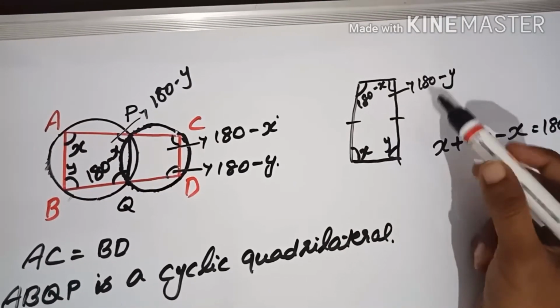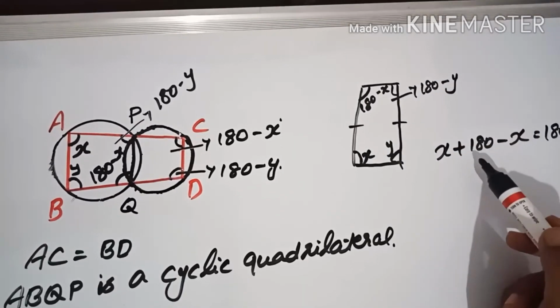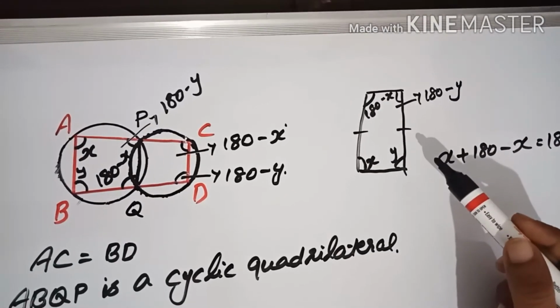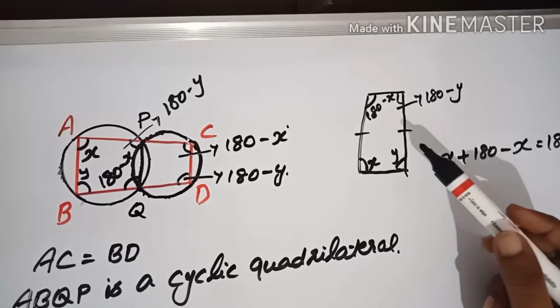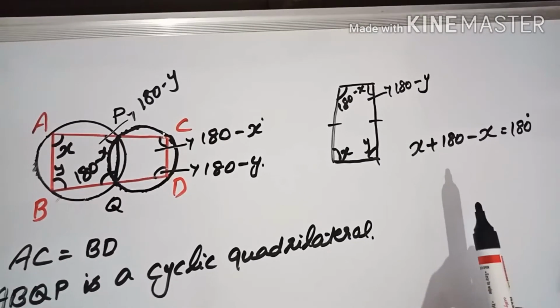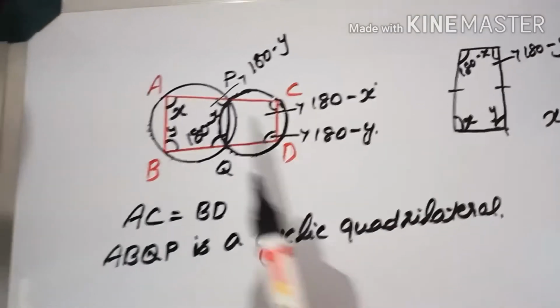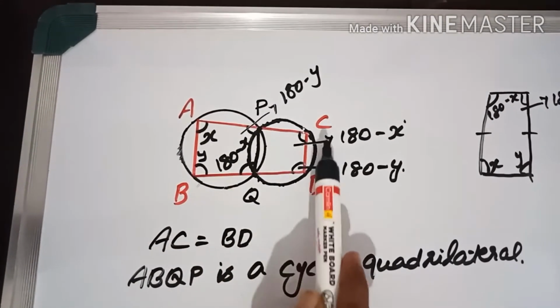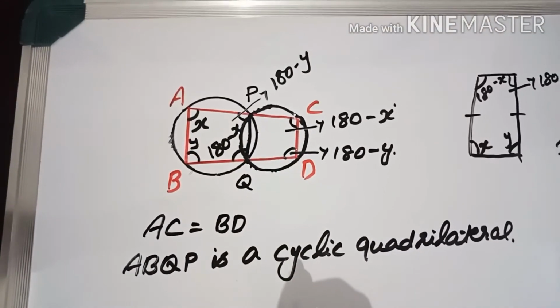Here also y plus 180 minus y is 180 degrees. So we can say that ABDC is an isosceles trapezium.